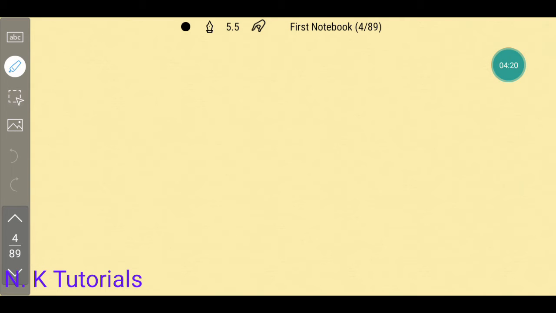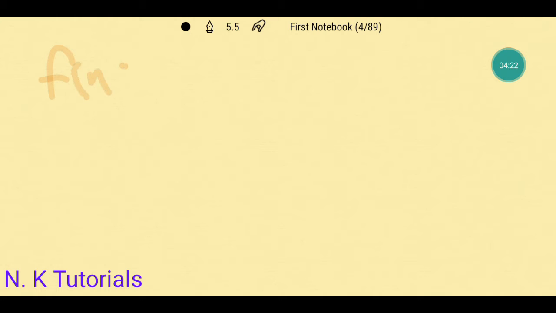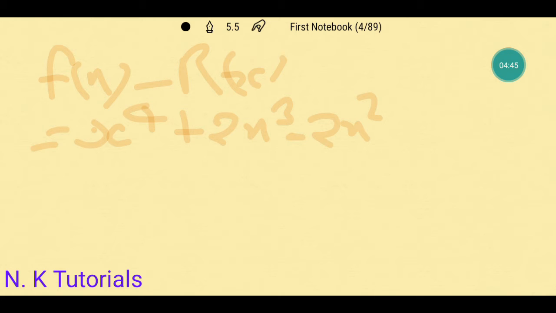First, what will be the function f(x) minus r(x)? It will be x to the power 4 plus 2x cube minus 2x square plus 4x plus 6 minus ax minus b.